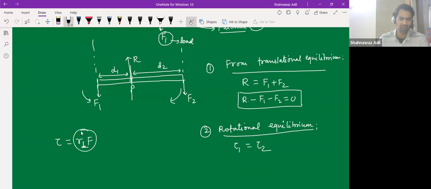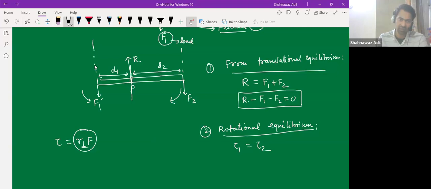This is the magnitude of torque. Right, everyone? So what is the perpendicular distance from this point to this force? Is this the perpendicular distance? What is the perpendicular distance?